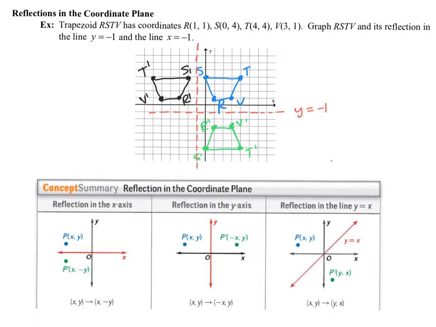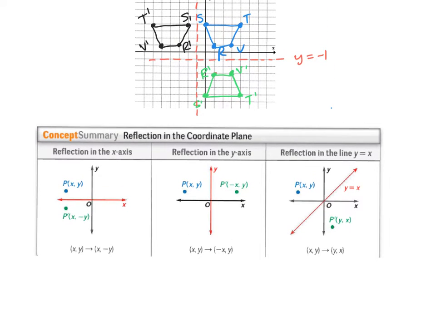Okay, so let's generalize this a bit. Let's talk about reflections in the coordinate plane. And to make it a little bit simpler, we are going to just be specifically talking about reflections in the x-axis, reflections in the y-axis, and then reflections in the line y equals x. You'll recall that this is the line y equals x, okay?